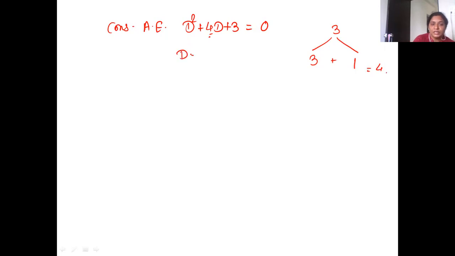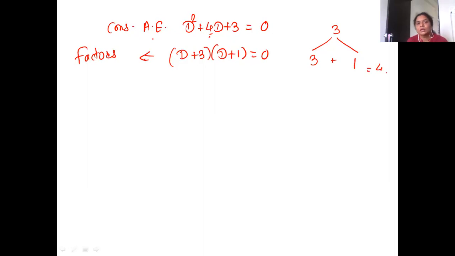So we can directly write (d plus 3)(d plus 1) is equal to 0. And these are called factors of this equation. Can you just check?